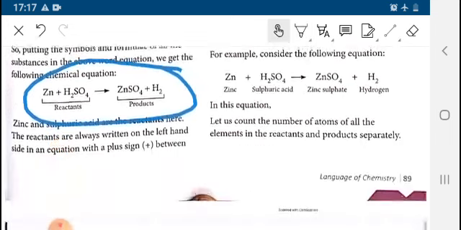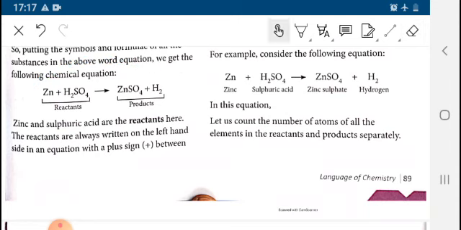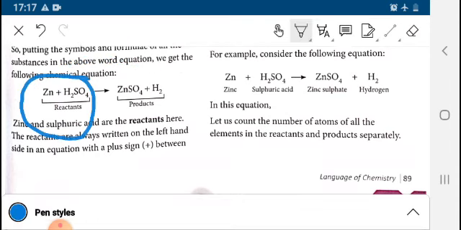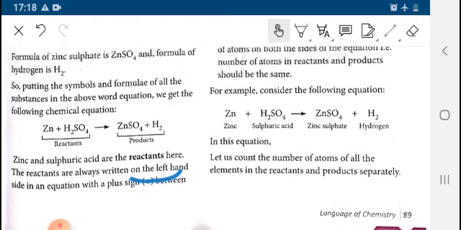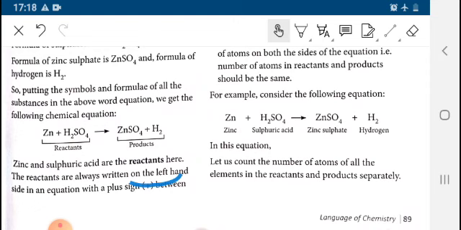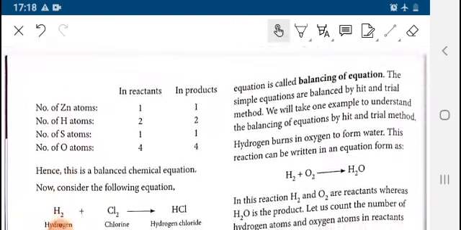This is the reactant part, and this is the product part. The arrow shows that reactant is converted to product. In this reaction, hydrogen is evolved, that is the hydrogen gas.